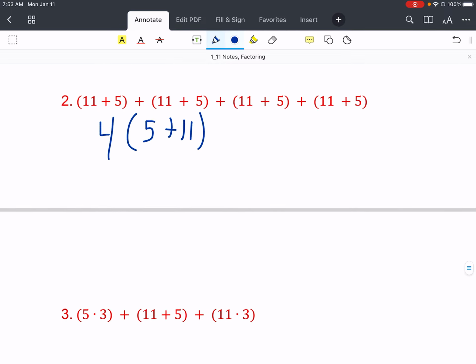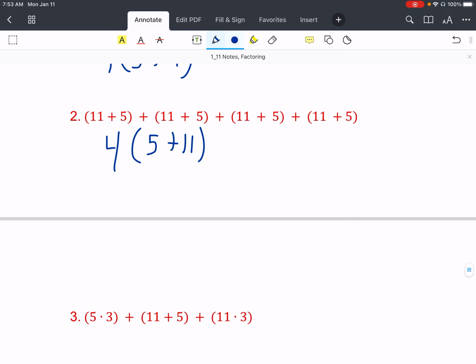And number 3, this one is a little more complicated. So I have an 11 plus 5 in the middle, and I have 2 multiplication problems on the outside. So what we want to focus on are these 2 multiplication problems. I can see that both of them are being multiplied by 3.